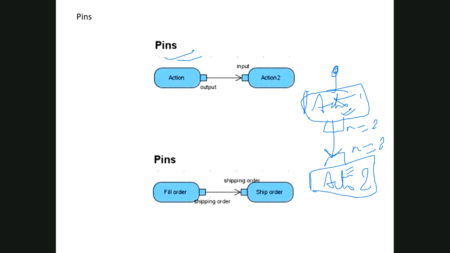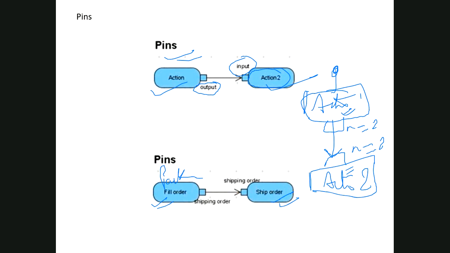Okay, for example, see, here is your action, this is action 2. Now if action 2 needs some input from action 1, then you will use pins. For example, suppose you have this action, fill order, and you have this ship order, मतलब order यहाँ पे आपने पैक कर लिया, and here you are shipping the order.